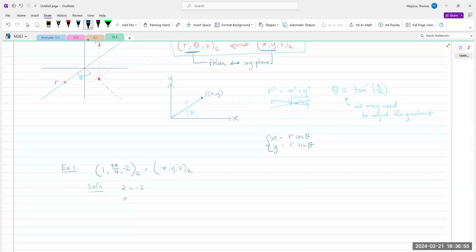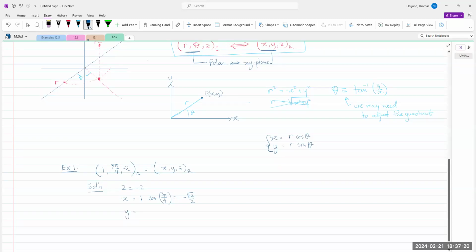Now, how about the x? The x will be r cosine theta. Now, because that's a special angle, I do expect you to be able to give me the exact value, which is -√2/2.